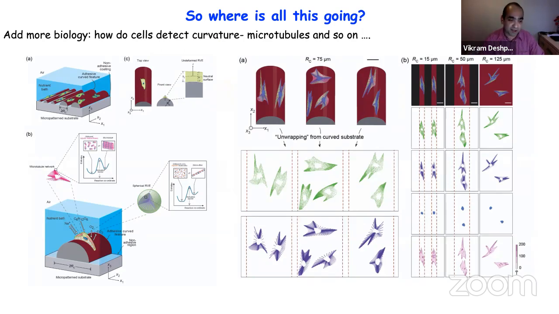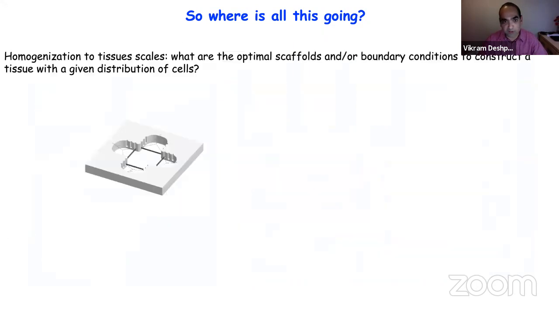But that's the advantage of having these kinds of modeling approaches, because it tells you the minimum amount, or the critical element, that is needed to capture the physical observation that you're making. So it tells you what does what inside the cell. For example, if you wanted to capture how cells behave on curved substrates, we're adding microtubules.